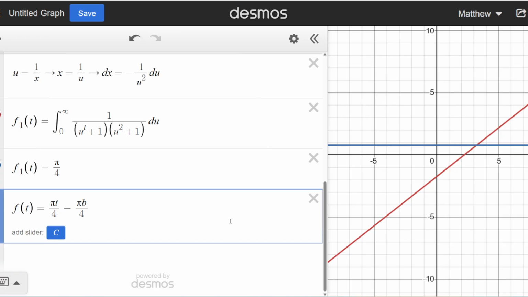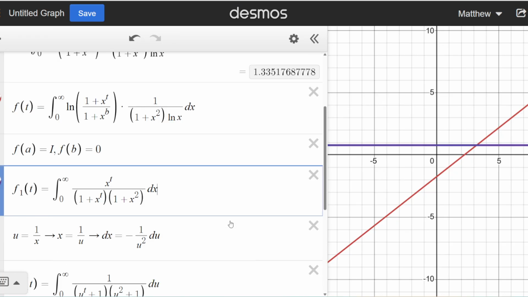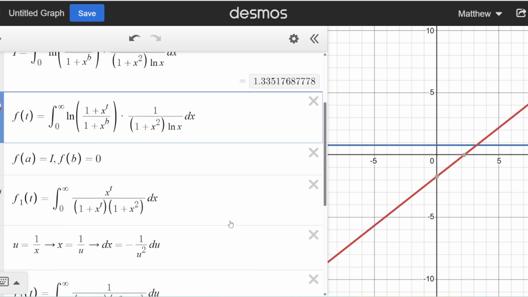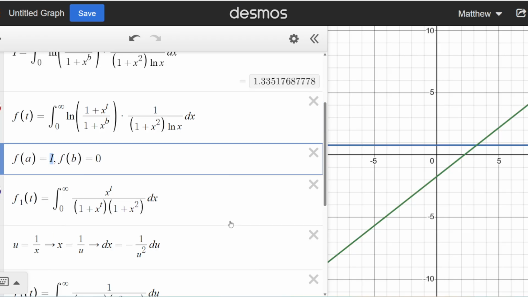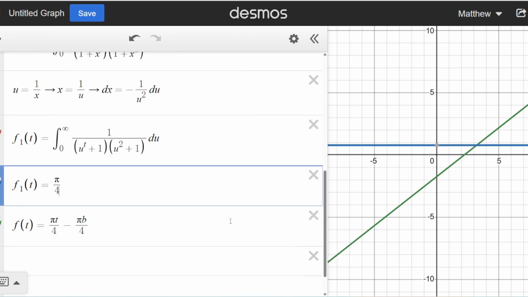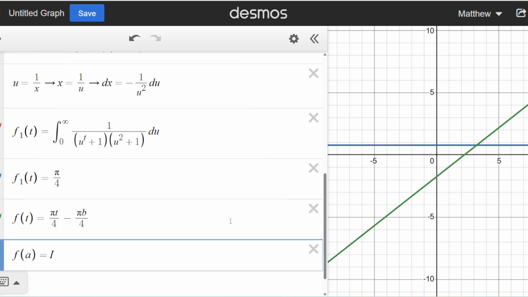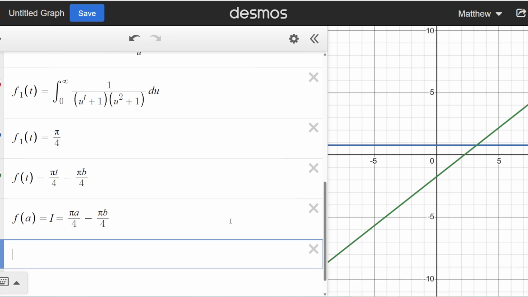So there's our f of t, and furthermore, we know that f at a is equal to our original integral. F at a is equal to I, but that's also equal to this, where t is equal to a. So we can finally say that I is equal to pi over 4 times quantity a minus b.